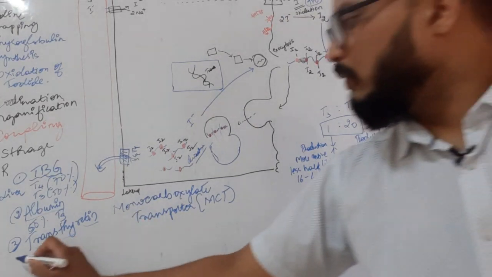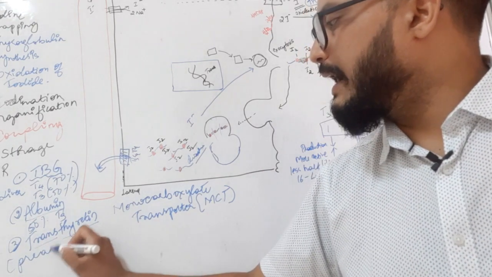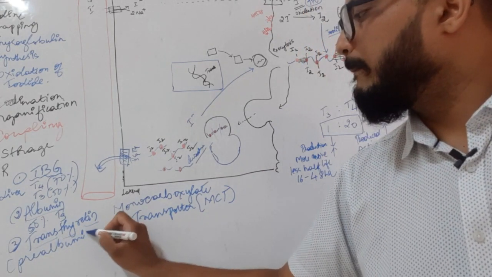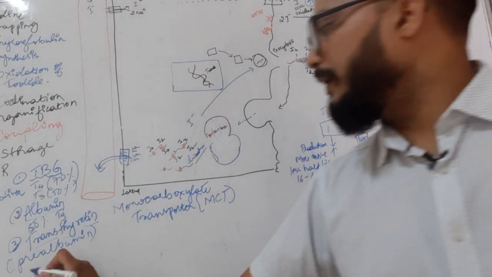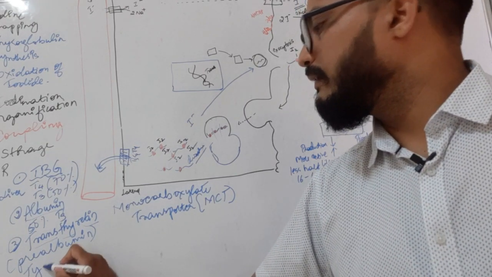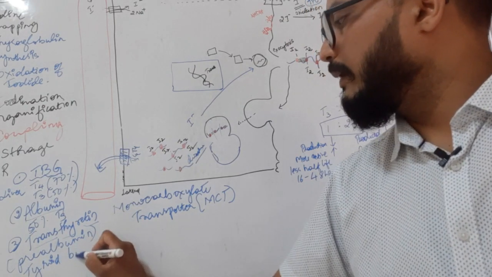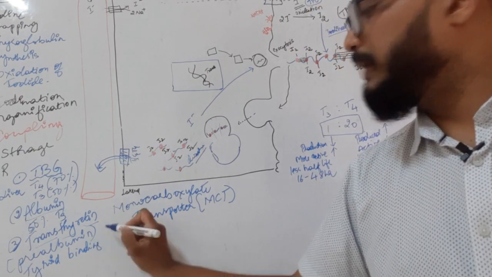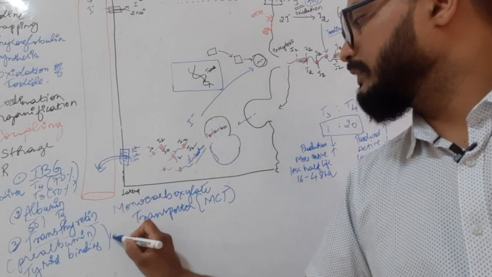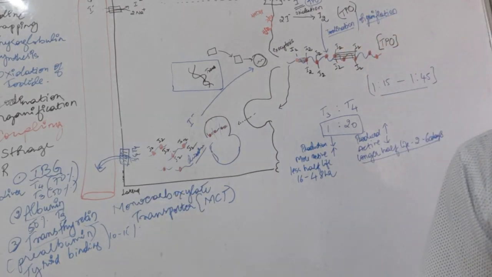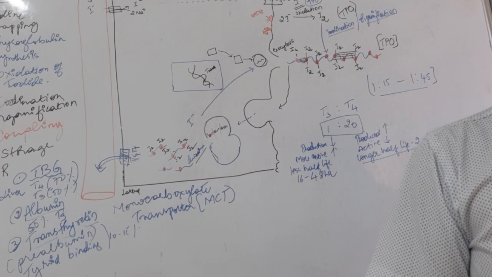It is also referred to as prealbumin, or it is also called thyroid binding prealbumin, where about 10 to 15% of the thyroid hormone attaches to it and it is transported in the blood.